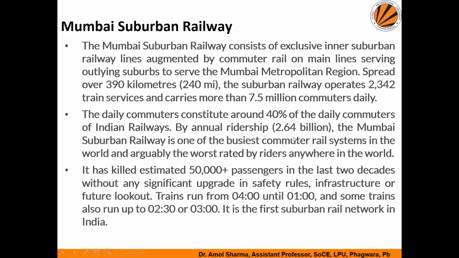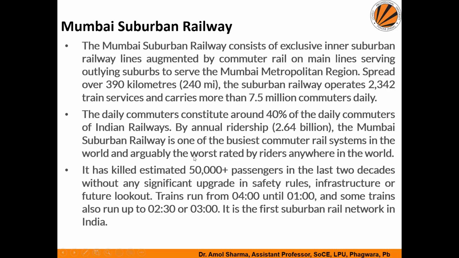So it is the largest urbanized transport network in the world, and it carries the maximum passengers carried by any other city. The daily commuters constitute about 40% of the Indian Railways with annual ridership of around 2.64 billion.